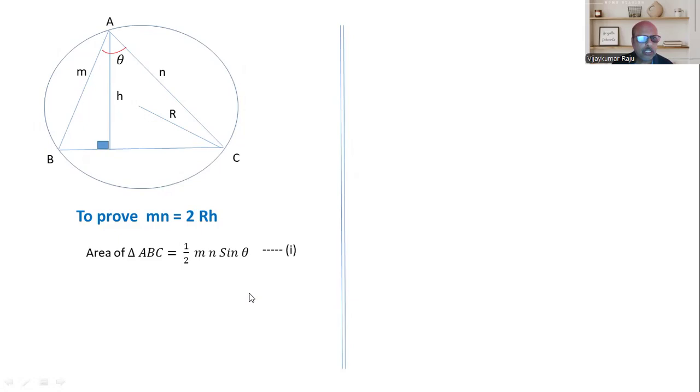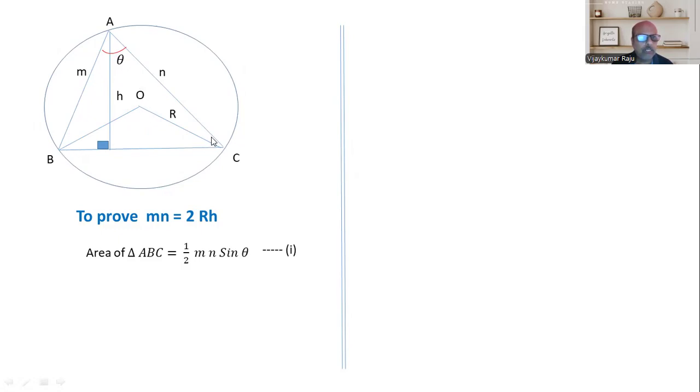Now let us join B to O, where O is the center of the circle. When you join B to O, you get an angle at the center which is called a central angle, and this is the inscribed angle. You know that a central angle is double the inscribed angle.